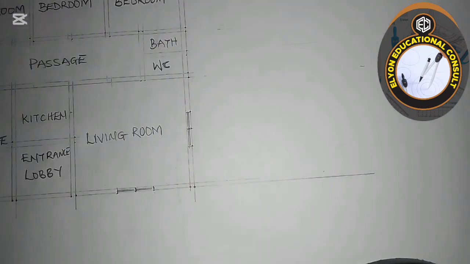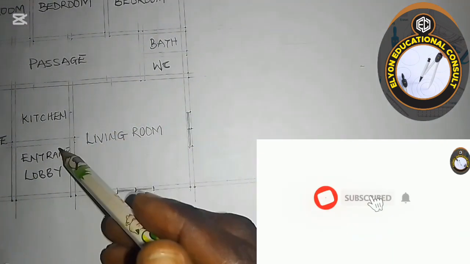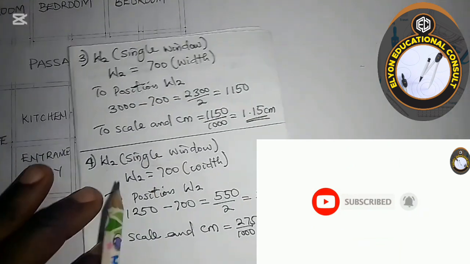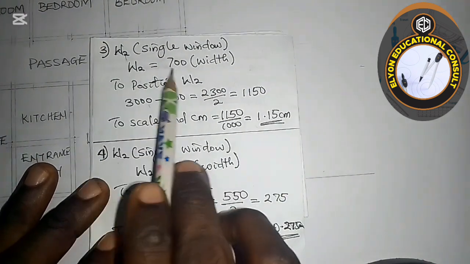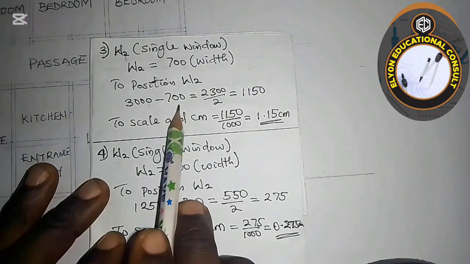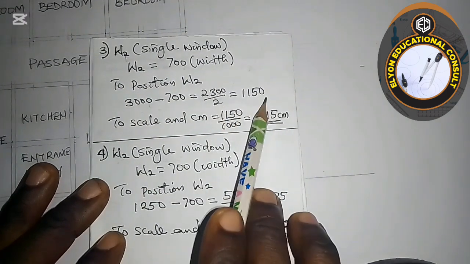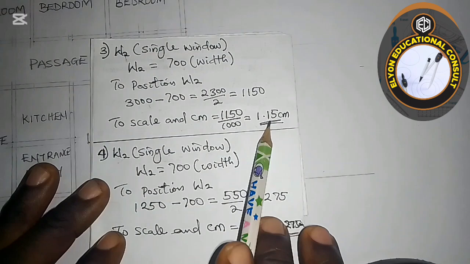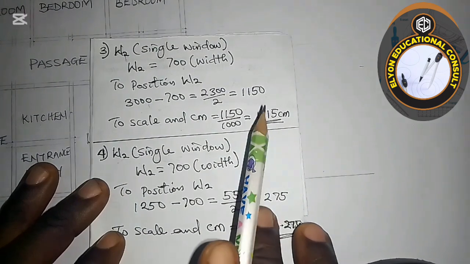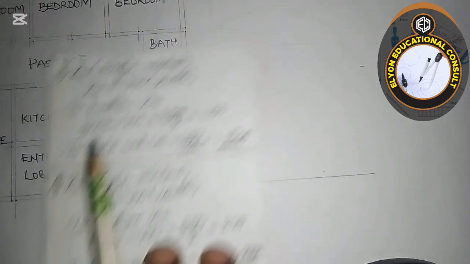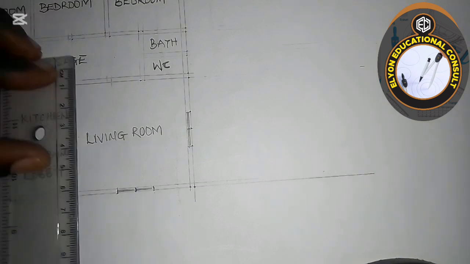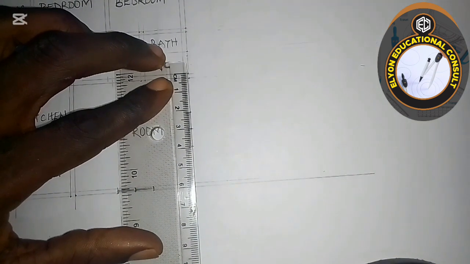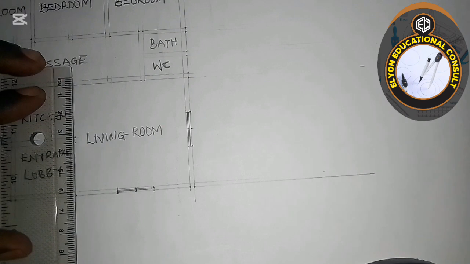So I'm going to be using 3,000 minus 700. That is what I did there for W2. For the W2 single window there, 3,000 minus 700, we have this, divide by 2, we have this. Now to scale, that is 1.15, approximately 1.2. So I'm going to be picking 1.2. I'll pick 1.2 from here.